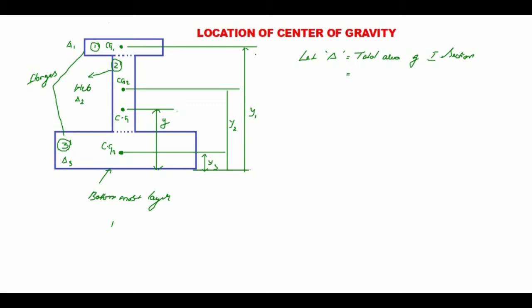A1 is the upper flange area, plus A2, the area of the web, plus A3, the area of the lower flange. Isn't it right? Now, what is the moment of area about the bottommost layer?